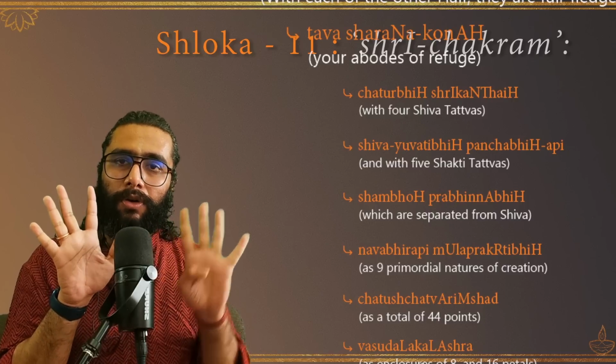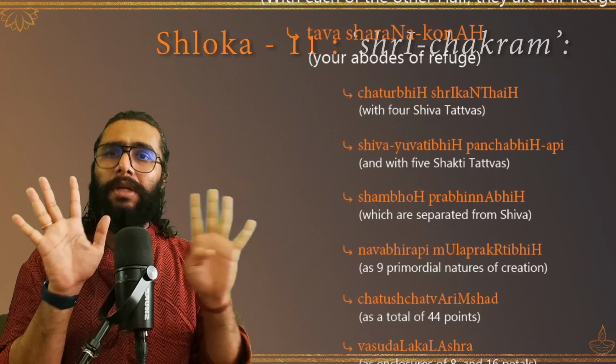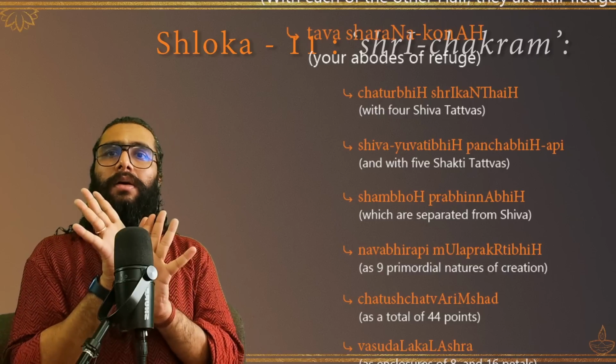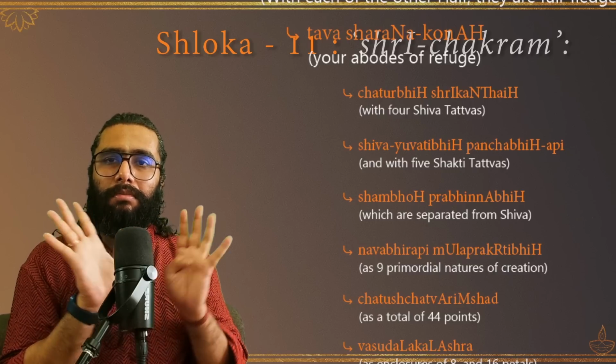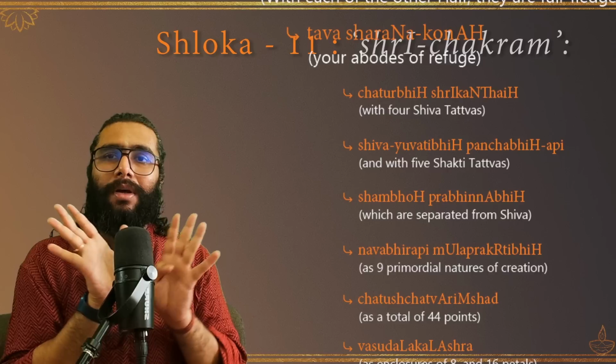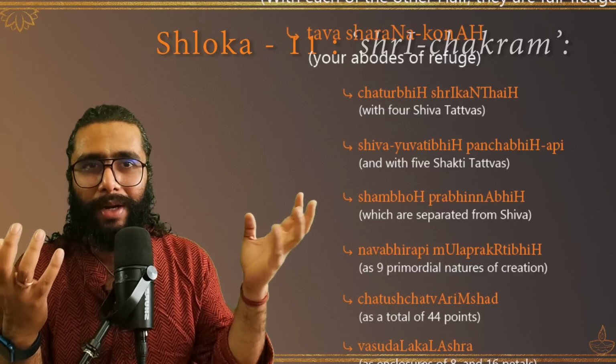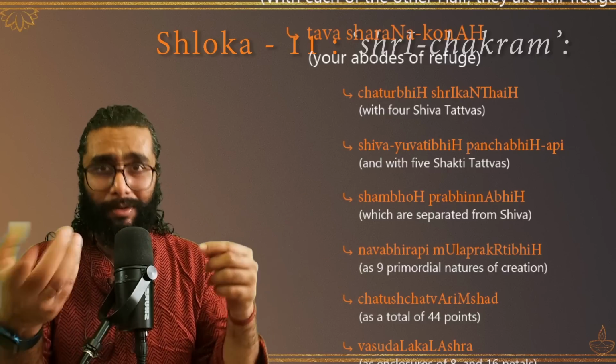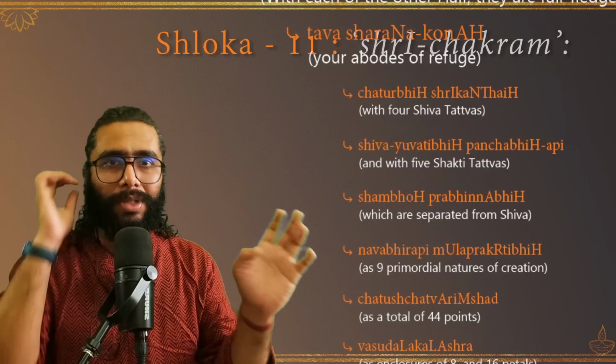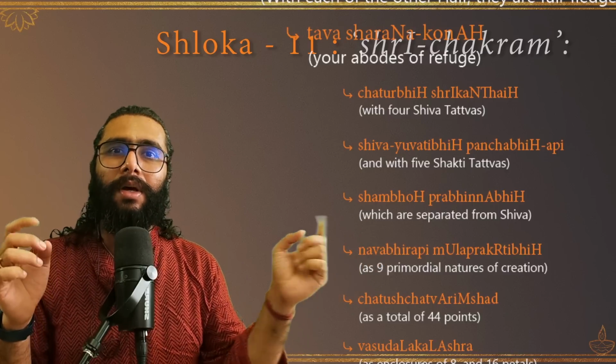So there are 4 of Shiva and 5 of Shakti. These have been separated. They are diametrically opposite to each other and separated by a point, a dot. What it is, where it is, we'll look at in other shlokas, and in the Shri Yantra coming up, but just know this as the meaning of this word.